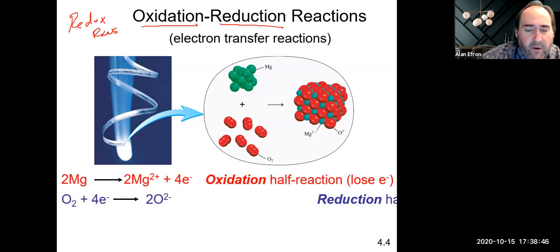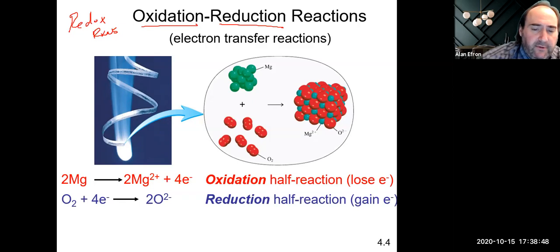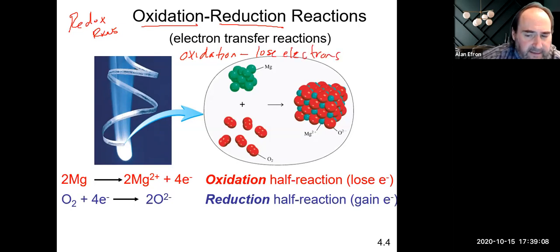Let's talk about what each of those really means. There are several different definitions of oxidation, but usually in general chemistry, we talk about it in terms of losing electrons. When something loses electrons, that is oxidation. Reduction, on the other hand, is when something gains electrons.